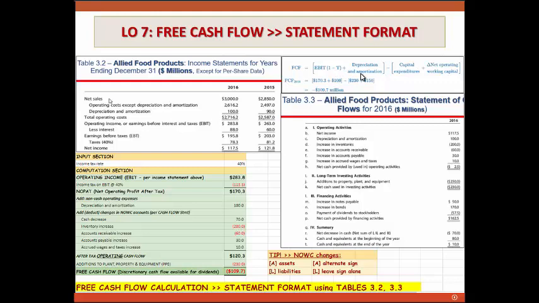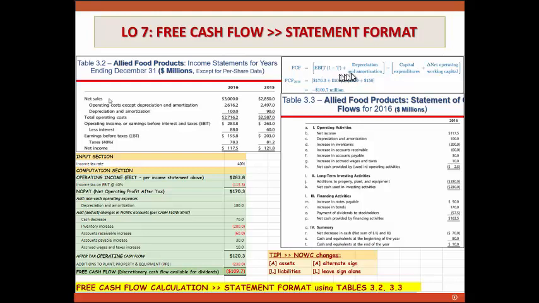And if you add the depreciation to that, you have the net operating cash flow after tax. Remember that depreciation is a non-cash expense that decreases net income but has no effect on cash flow. That is why depreciation and amortization are added to NOPAT.